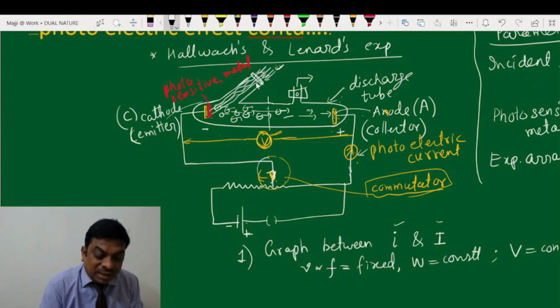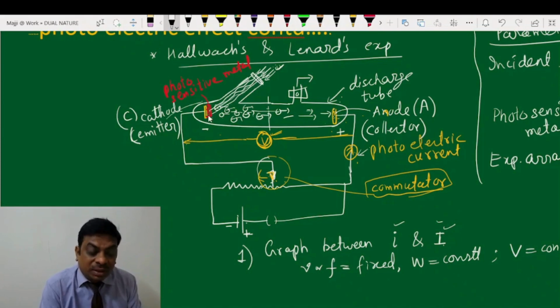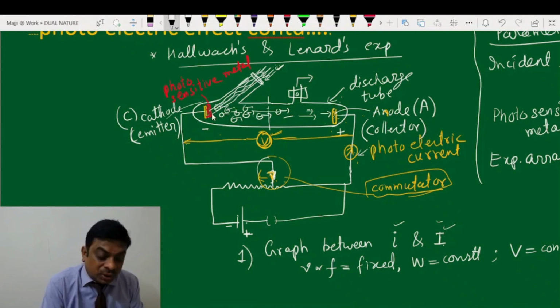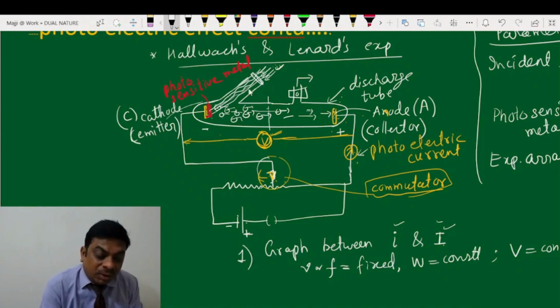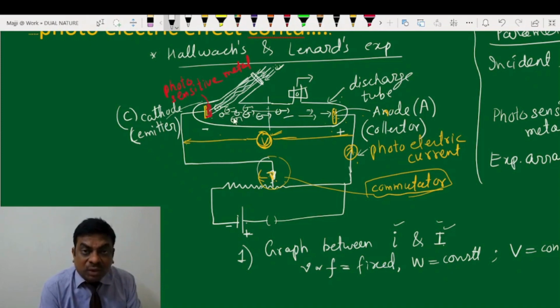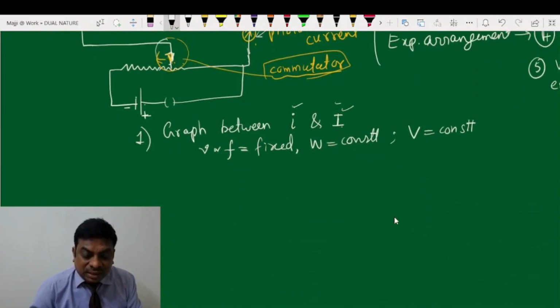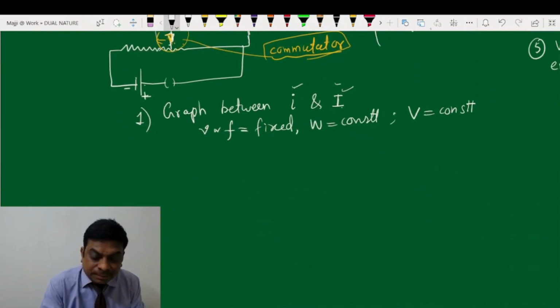So if we increase the intensity, we are actually increasing the number of incident photons per second on the photosensitive metal. So naturally, there are more chances that more electrons will be ejected, because every single photoelectron is the result of collision with one photon. So the number of photoelectrons will increase, the rate of flow of charge will increase, so obviously the electric current will also increase.